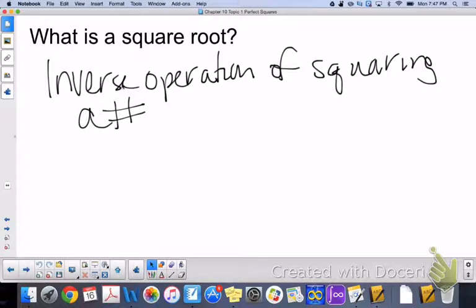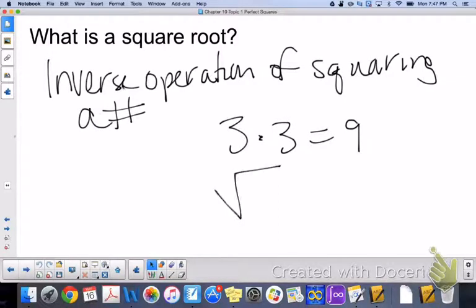Now remember, inverse operation is kind of like the opposite. So if I say 3 times 3 equals 9, if I do the square root of 9, that's the square root symbol, the square root of 9, that is like saying the inverse operation, so work backwards. That means you would have had 3 times 3. So the square root of 9 is 3. Okay, that's what a square root is.